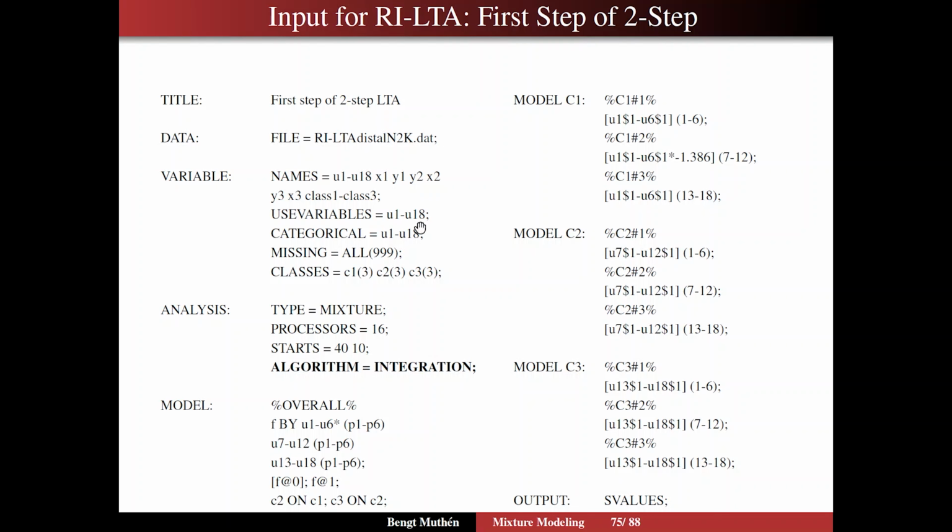So again, first step, you have the 18 latent class indicators, 3 latent class variables, and you have algorithm equals integration because you have F by U, and as we recommend, you have C on C. For model C1, C2, and C3, you have measurement invariance here. And this starting value can be ignored, left over from a simulation, but you have starting values here.